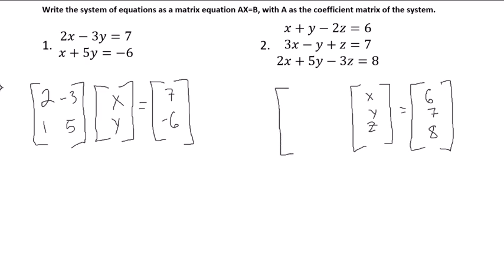And then with all the coefficients, we fill that in as 1, 1, negative 2, 3, -1, 1, 2, 5, -3. And that's how you create a matrix equation with the AX equals B format.